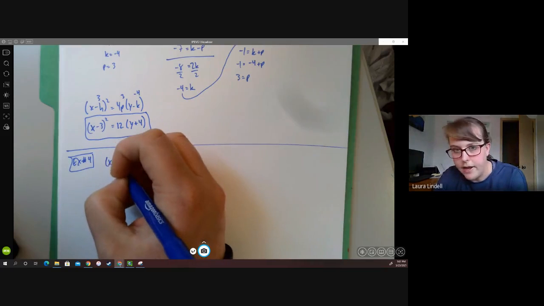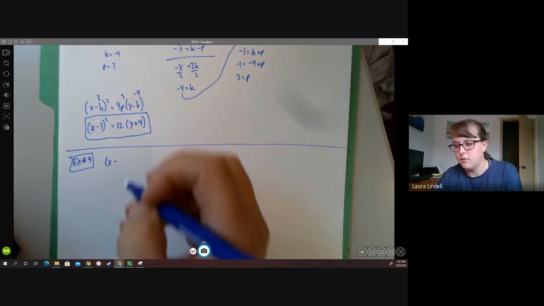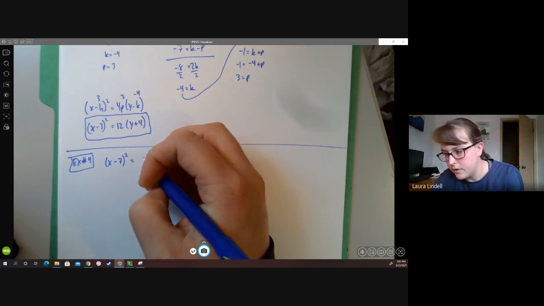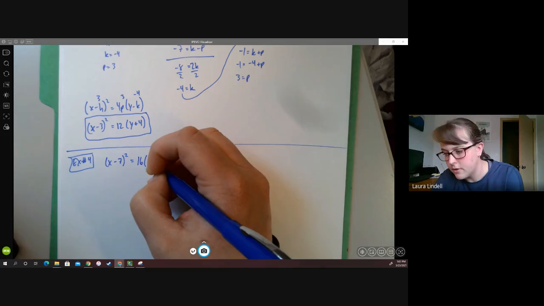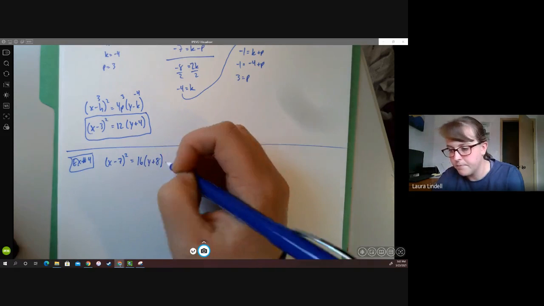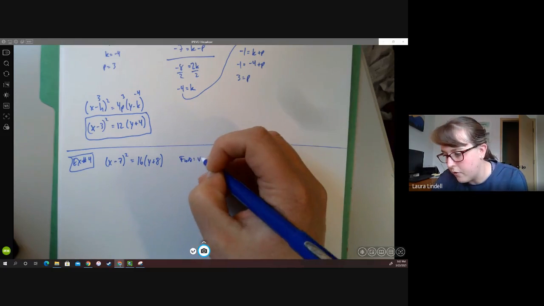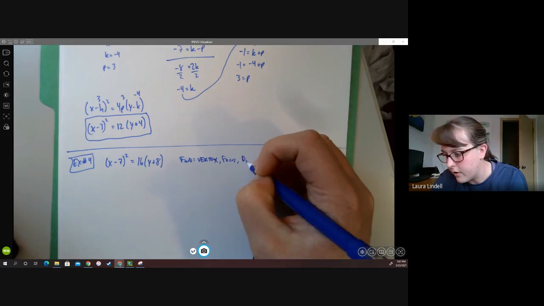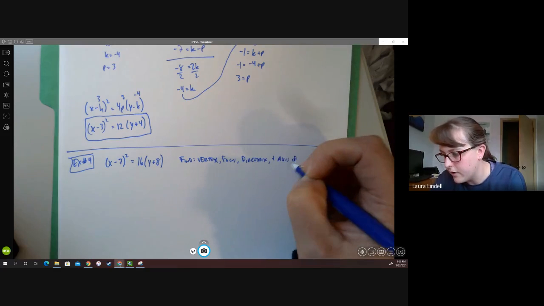We have (x minus 7) squared equals 16 times (y plus 8). And we are going to find the vertex, focus, directrix, and axis of symmetry.